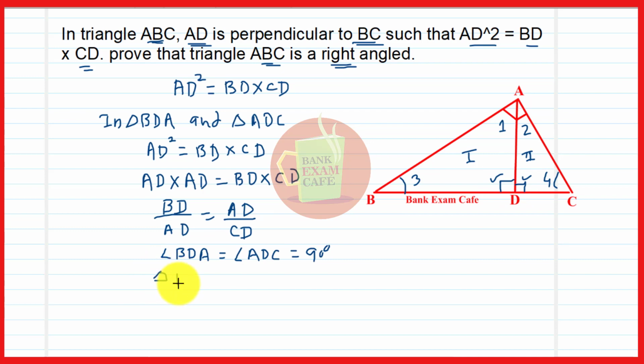Therefore triangle BDA is similar to triangle ADC. Reason will be what? SAS similarity rule.